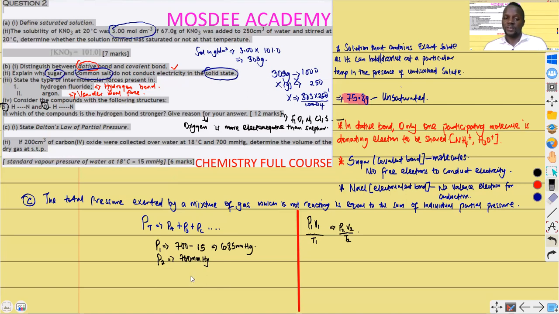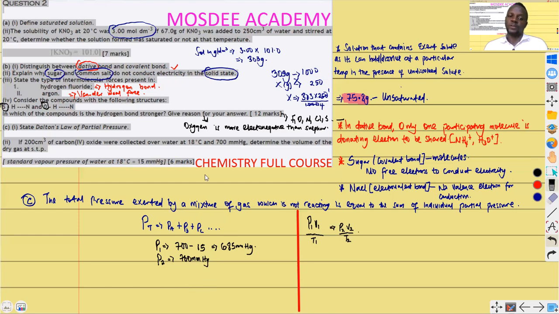273 plus 18 gives 291 Kelvin. T2 is your standard temperature, which is 273 Kelvin.